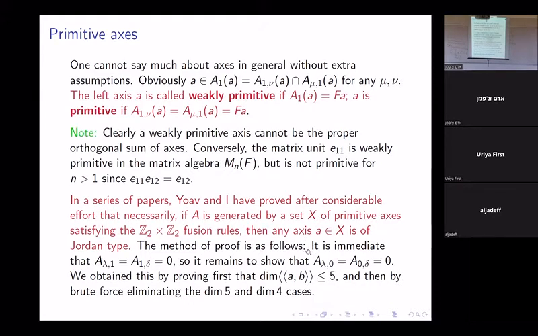And so let's see, if you have a primitive axis of Jordan type, you have to have these two things at 0, because if you multiply by A on the left, you're multiplying by something that's not 1, and when you're multiplying on the right, you're also multiplying by something that's not 1, and they're two different things.